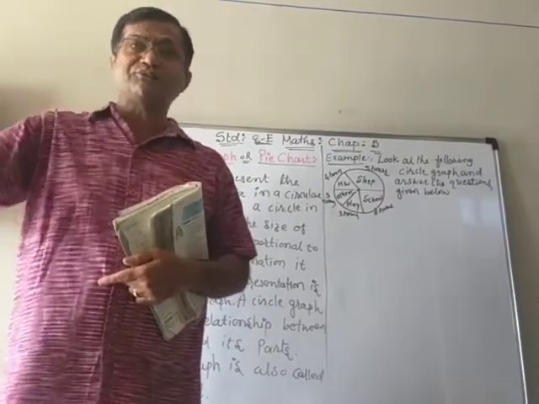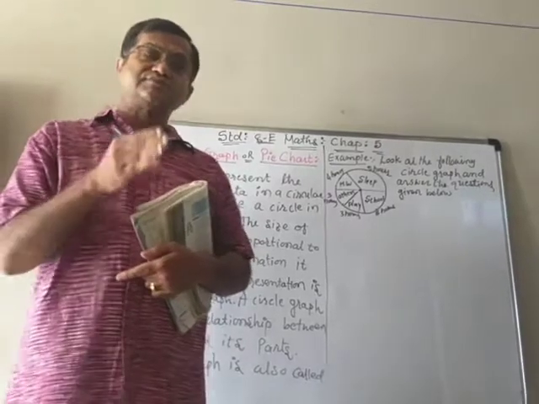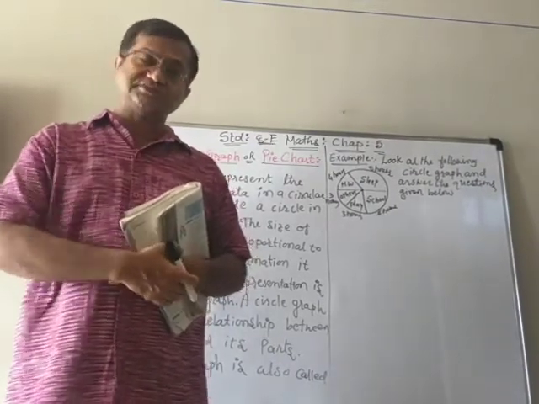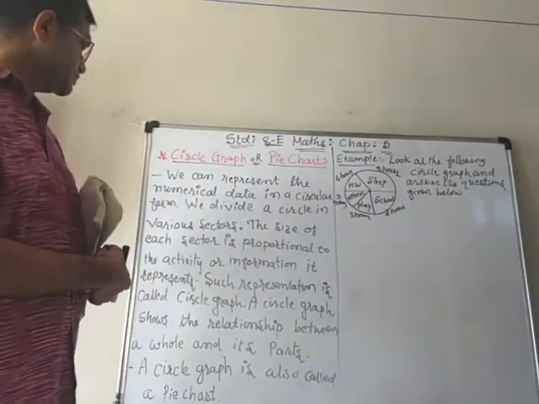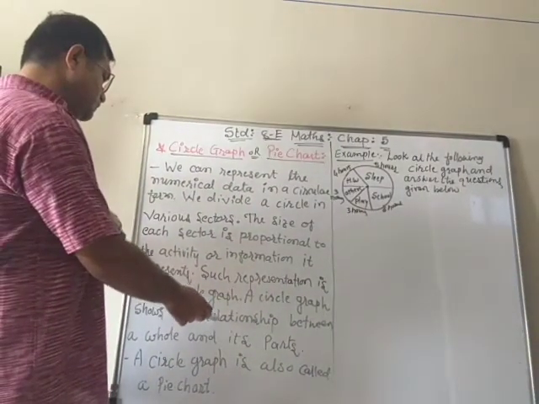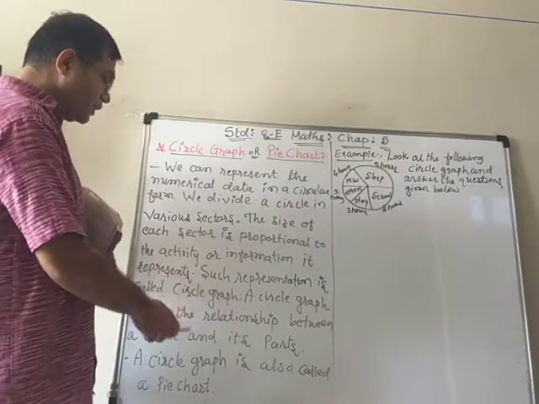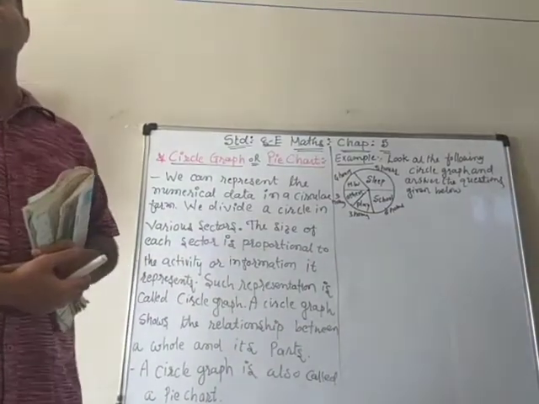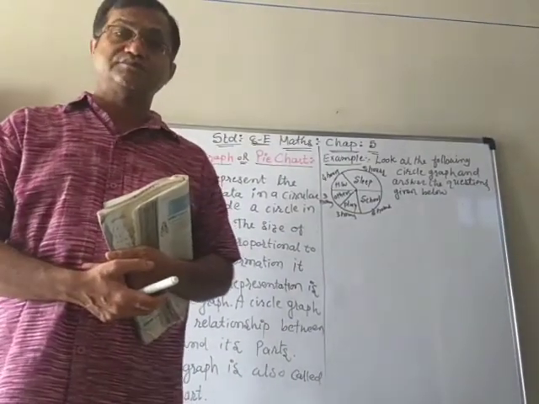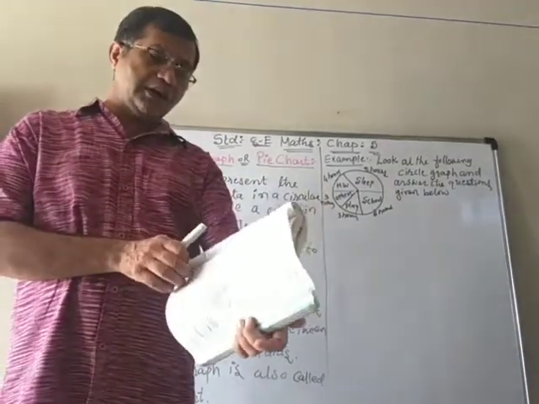Because the whole thing is a full work, and the sub-parts are fractions of it. A circle graph shows the relationship between a whole and its parts. It is also known as a pie chart.